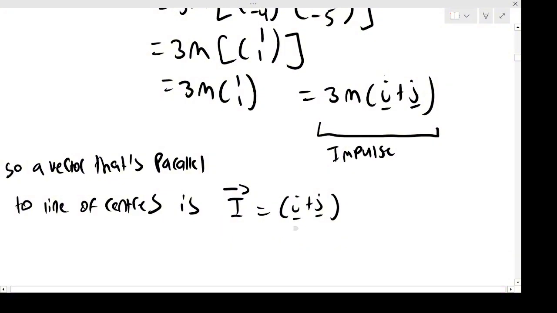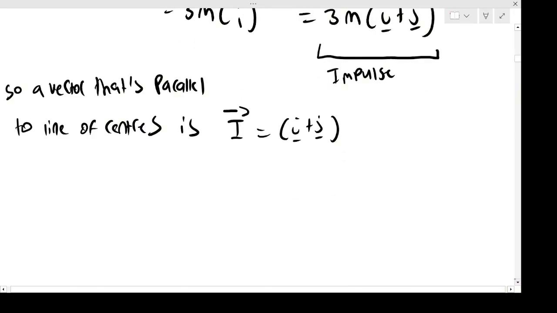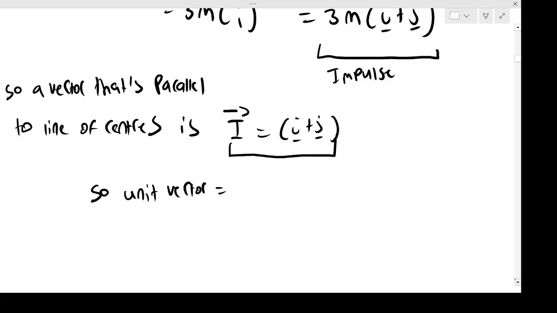Hopefully happy with that. Right, so there we are, but the last thing they want me to do is to find the unit vector. Now remember, the unit vector has magnitude 1, so we need to divide by the magnitude. So if we work out the unit vector, well, what's the magnitude of this?